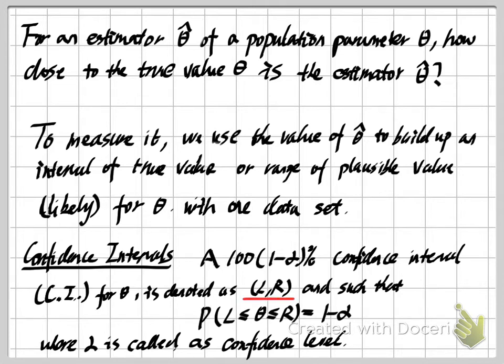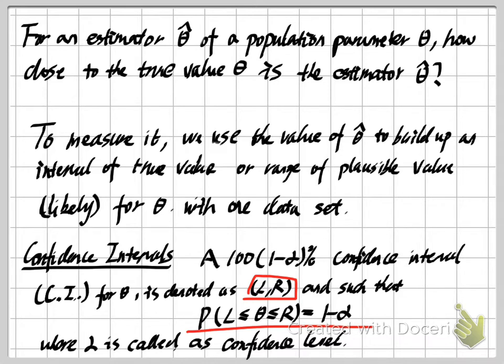It has a left endpoint and a right endpoint. And then how do we find this one? The idea is we want to find L and R as these two endpoints to make the probability that the true value falls inside this interval equal to 1 minus alpha.